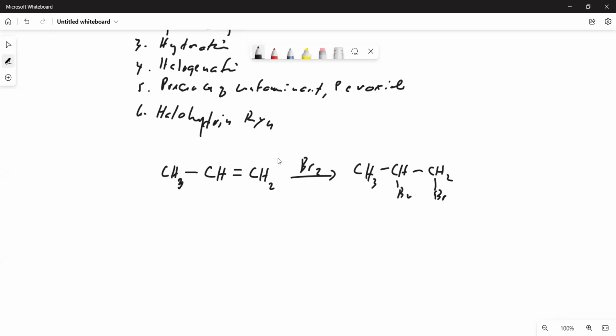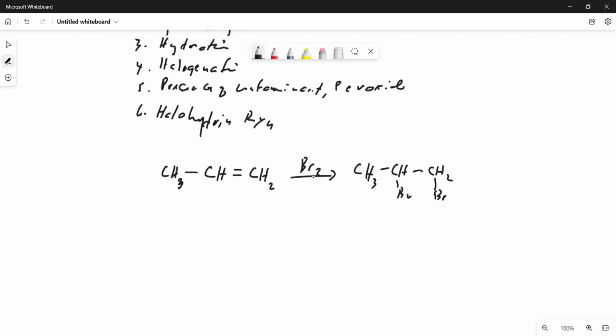Because the bromine has an orange color. So once it is added to the double bond as alkyl halide, the color of bromine decolorizes, okay? And bromine will not react with aromatic and alkane, no?